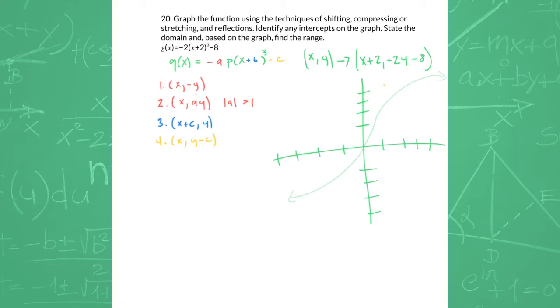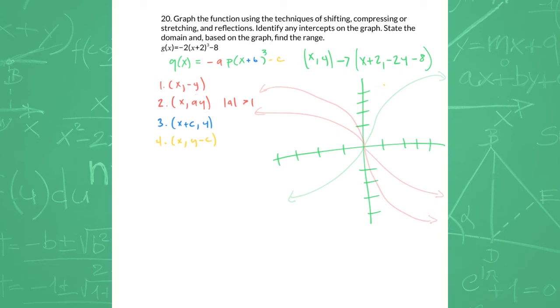And after a reflection across the x-axis, the positive x-axis will look like this. The negative x-axis will look like this. Okay. And after a vertical stretch, we'll have something that looks like this.